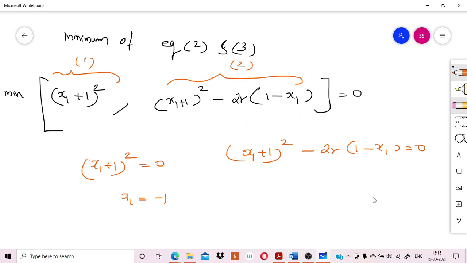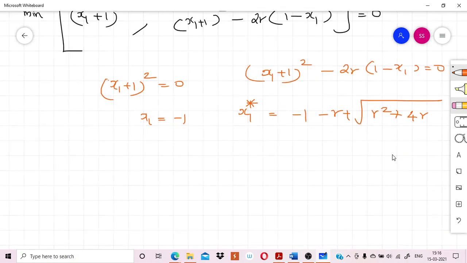Suppose this is not violating any constraint, then in such a condition if you solve for x1, that will be x1 minimum, x1 star, that is the optimal solution. If you solve it, you will get x1 is equal to minus 1 minus r plus under root r square plus 4r. So you can do this in your notebook. Okay, x1 star you will get. So this is our optimum solution for x1.